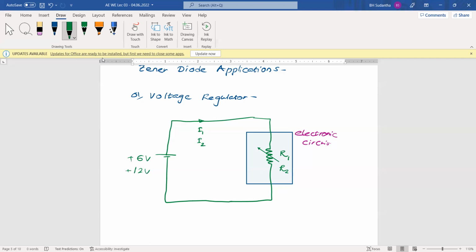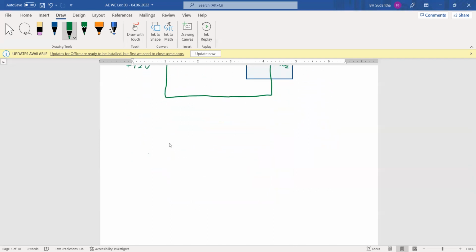But assume that, depending on the power supply, sometimes your power supply is providing 12 volts at 1 amp. This may be the power supply specification. But if you take much more current, depending on the amount of current you are taking from the power supply, this voltage may be dropped.